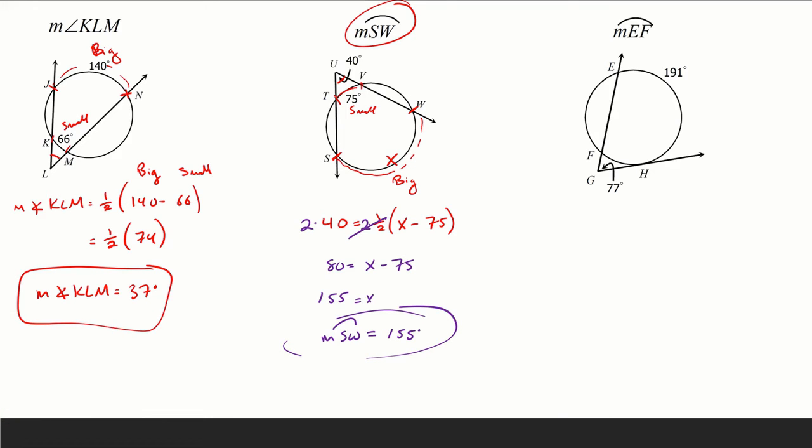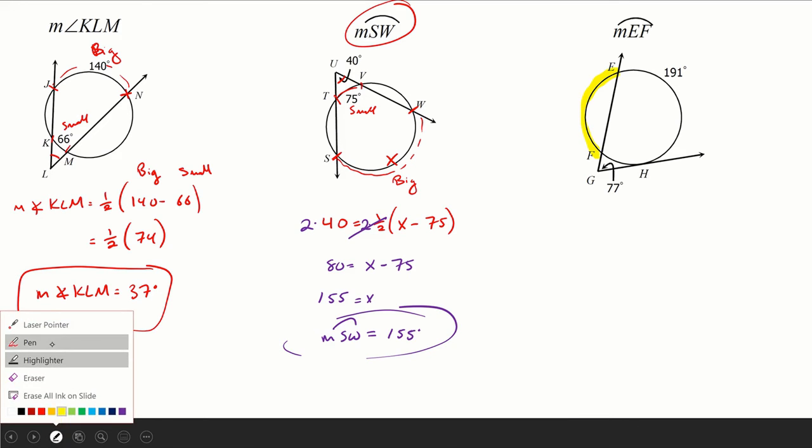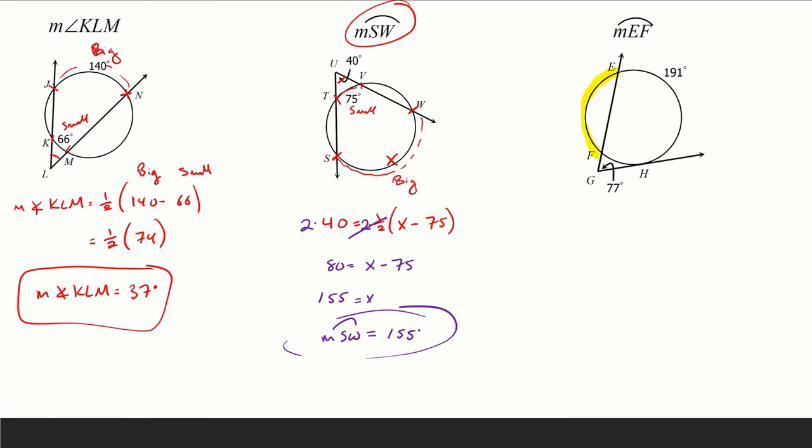Looking at the last one. We have to be a little bit careful because they're asking for arc EF. Arc EF is actually right there, which is not either the big arc or the little arc. But we're still going to identify our big arc and our small arc. Now here we're going to have to figure out what the small arc is first, because that's the only one we can calculate.